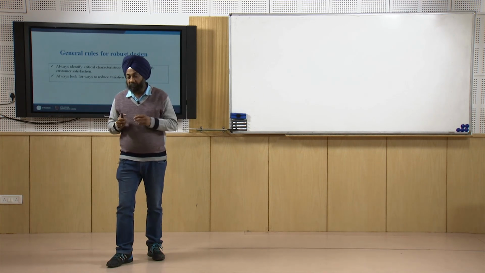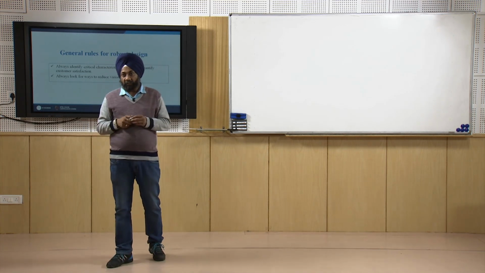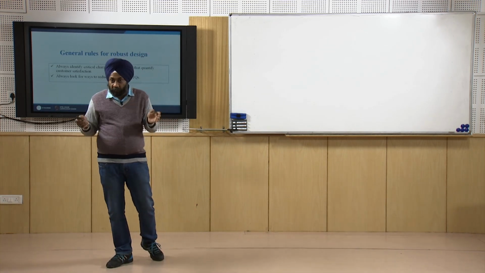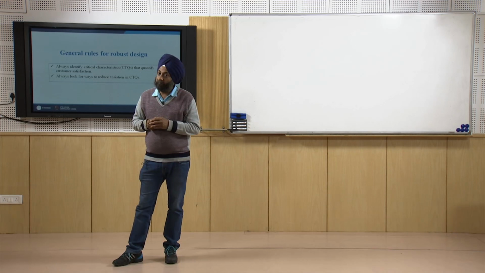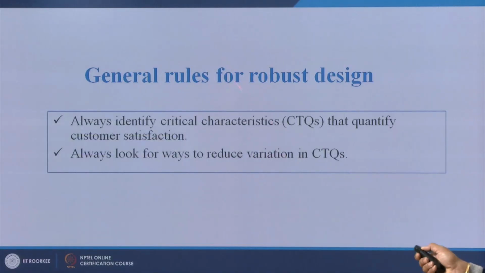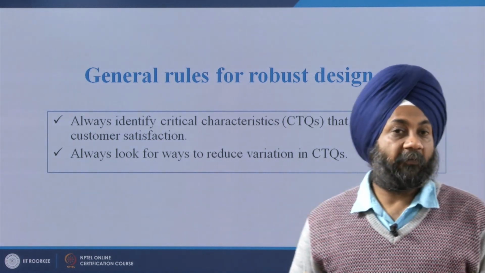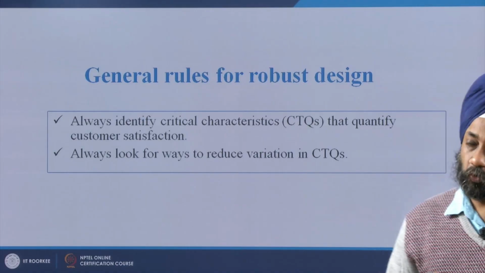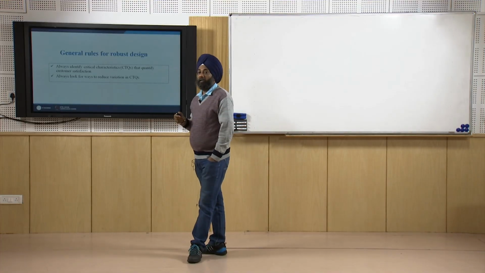For some customers it should be light in weight, then it should be pleasing to the eyes. So maybe these are the 2 or 3 important customer requirements from a pair of shoes. So we have to identify what the critical characteristics are, and then ensure that all these critical characteristics are met so that the product is robust.